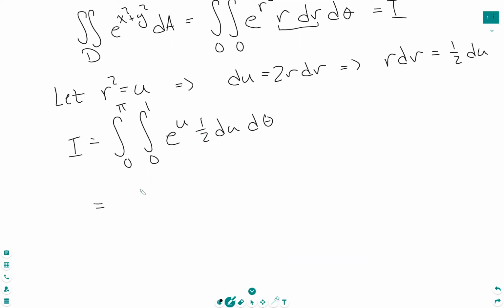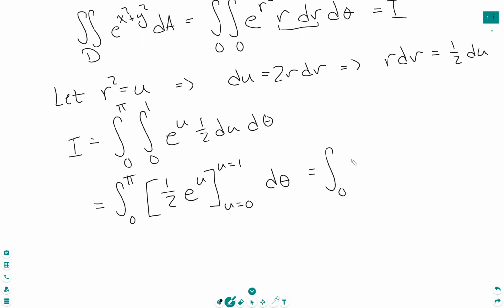So this is equal to the integral from 0 to pi. And then we integrate with respect to u. So we get 1/2 e to the u, u is equal to 0, u is equal to 1, d theta.